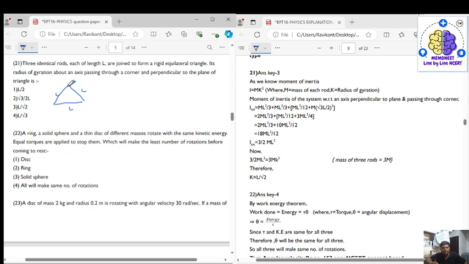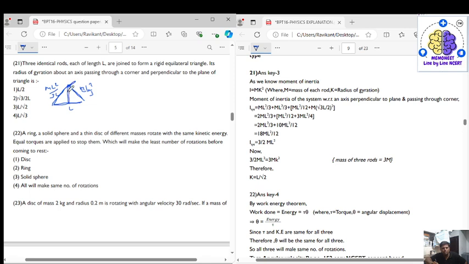So moment of inertia for this rod will be mL square by 3, that is the moment of inertia of a rod about its one end. Same will be for this, that is mL square by 3, mL square by 3, and for the third rod, this is m and this is the distance, right?